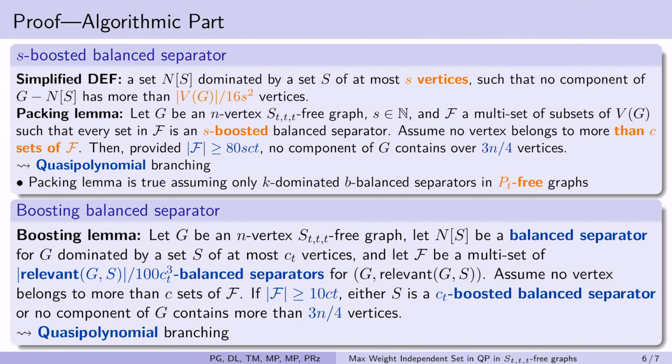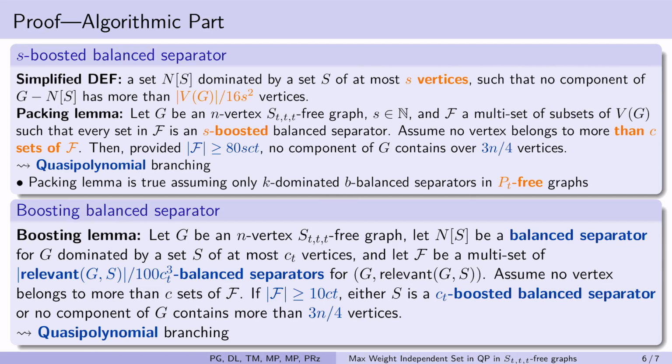And the last ingredient in branching is how to get those boosted balance separators, because as you remember, our main structural lemma says that we get a k-dominated B-balance separator. So there is another branching which, provided k-dominated B-balance separators, is going to give us either the same outcome, so G already having small components, or eventually it will give us this C-times-boosted balance separator.